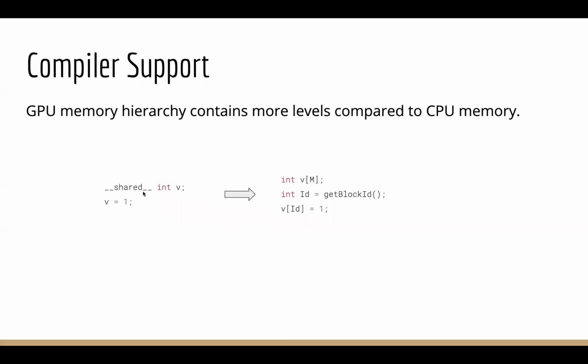In order to support that, we just make an array. The M here stands for the maximum number of thread blocks we are going to support. Every use of the shared variable is replaced with a function call to get the corresponding block ID and then access the corresponding array element. This is implemented in the middle end.